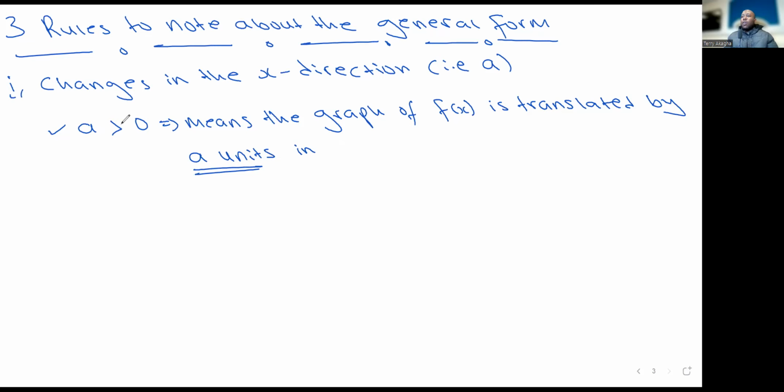So when you solve and you notice a is greater than 0, it means the graph you're talking about, it could be any form of graph, is translated by a units in the positive. Okay? Keyword here is positive, x direction.